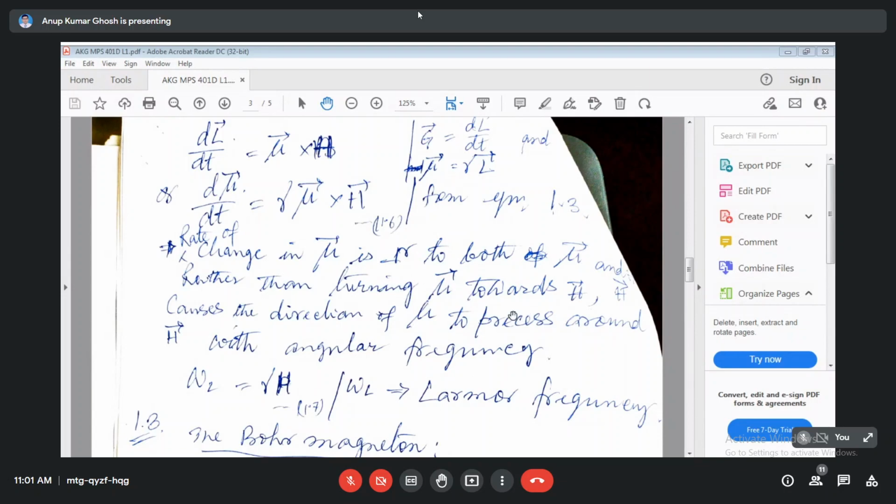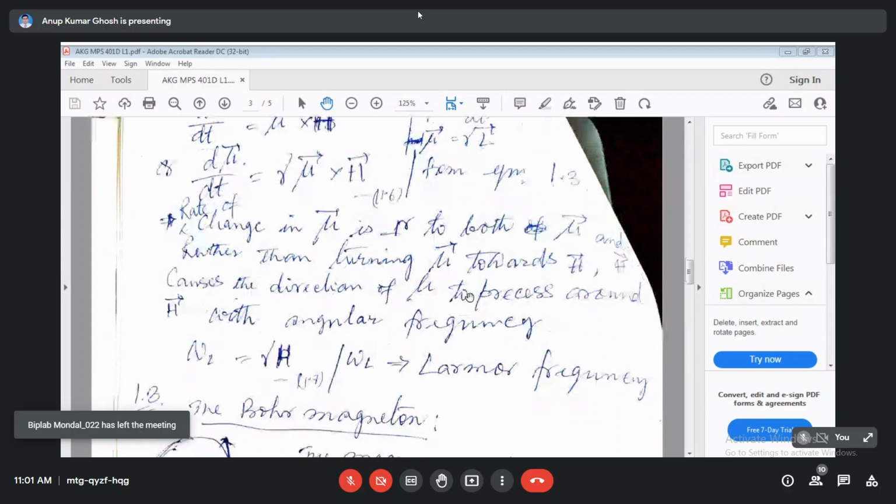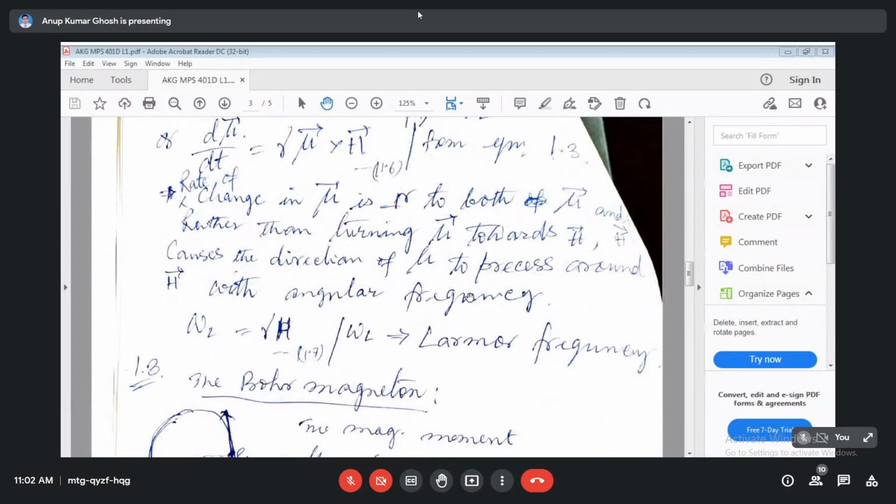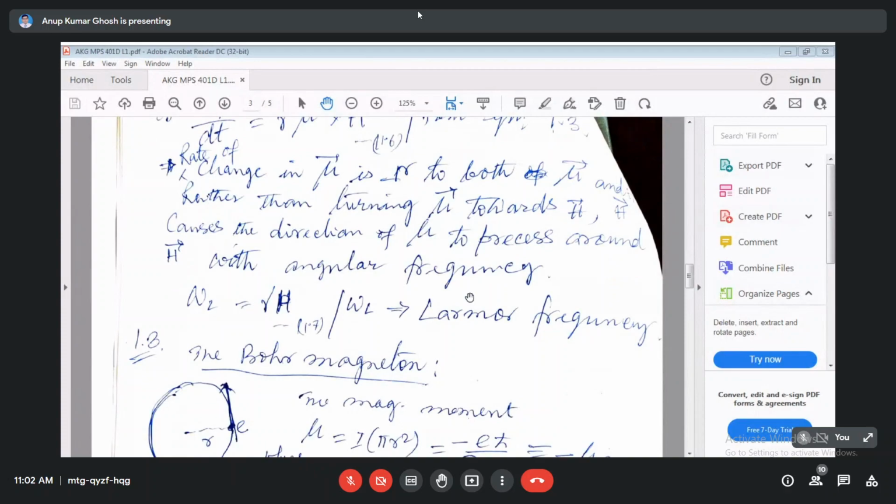Instead of that, it tries to precess, and the torque is developed due to this precession.